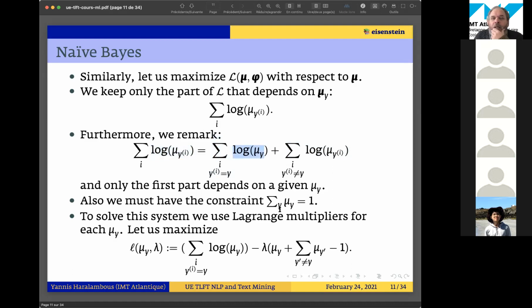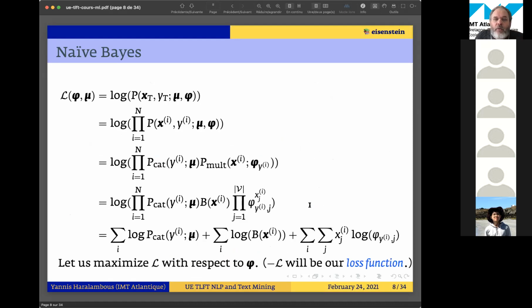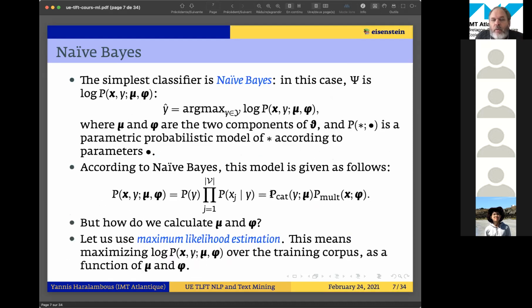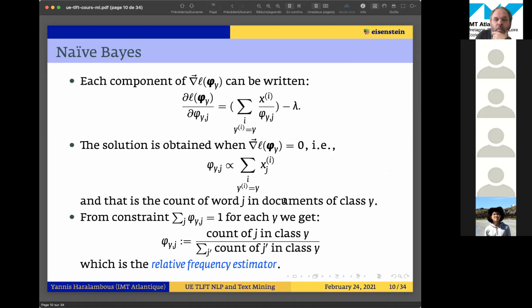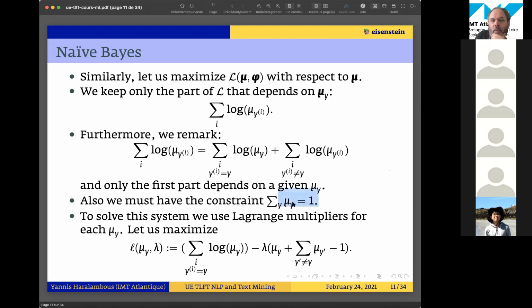Okay. And again, we have this constraint, which is part of the categorical model. What is the categorical model? It is simply the probability of each class. And since they are probabilities, the sum of all probabilities is equal to 1 by definition. So this is part of my model.